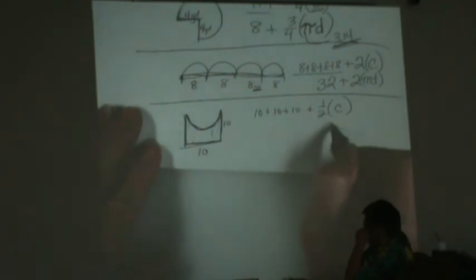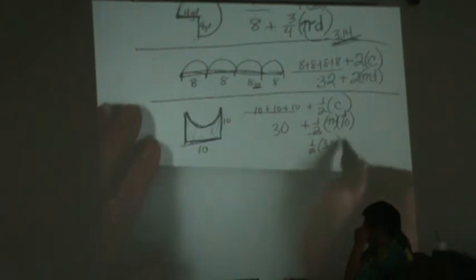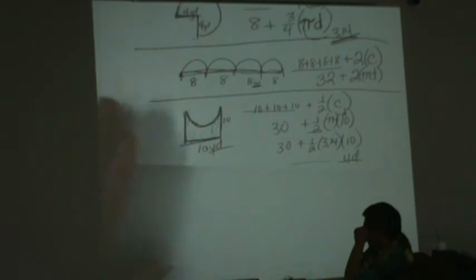Plus 1/2 of a circumference, which will be pi times your diameter, which is 10, right? The diameter. If this is 10, it's going to be 10 up here. So we got 30 plus we have 1/2 times 3.14 times 10. And these were in yards, so don't forget to put your yards at the end after you figure that all out.